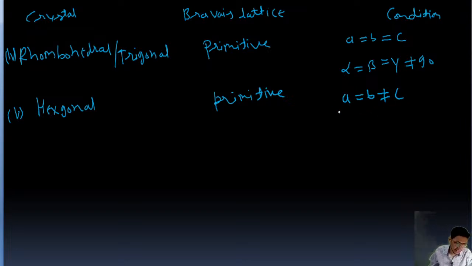And the angles for hexagonal are alpha equal to beta equal to 90 degrees, and gamma is 120 degrees.